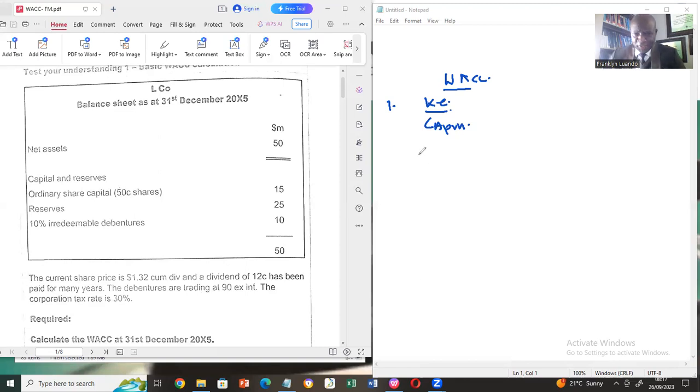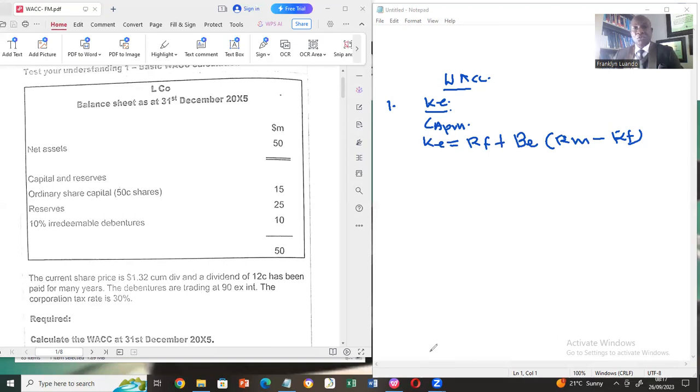So when you are using this, we have KE is equal to interest from risk-free investment plus beta factor of a geared company, then the return from the market as a whole, less the risk-free interest.